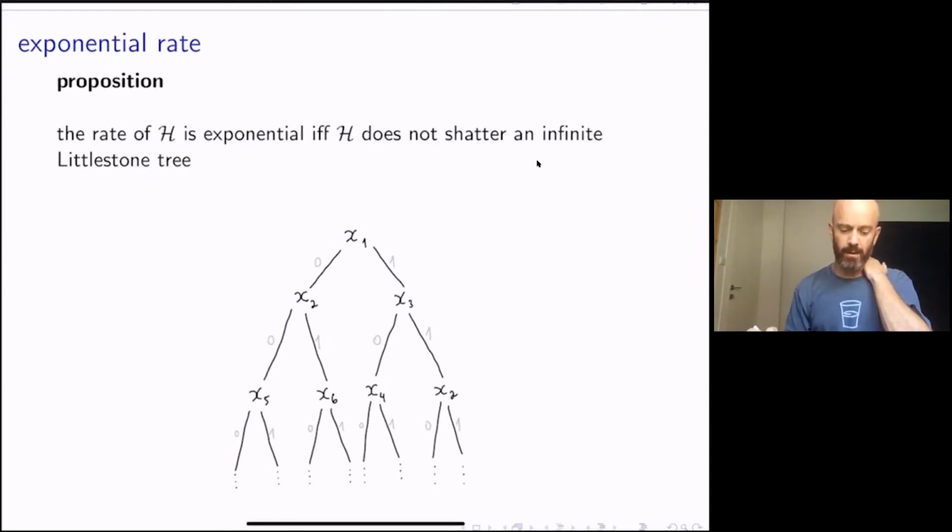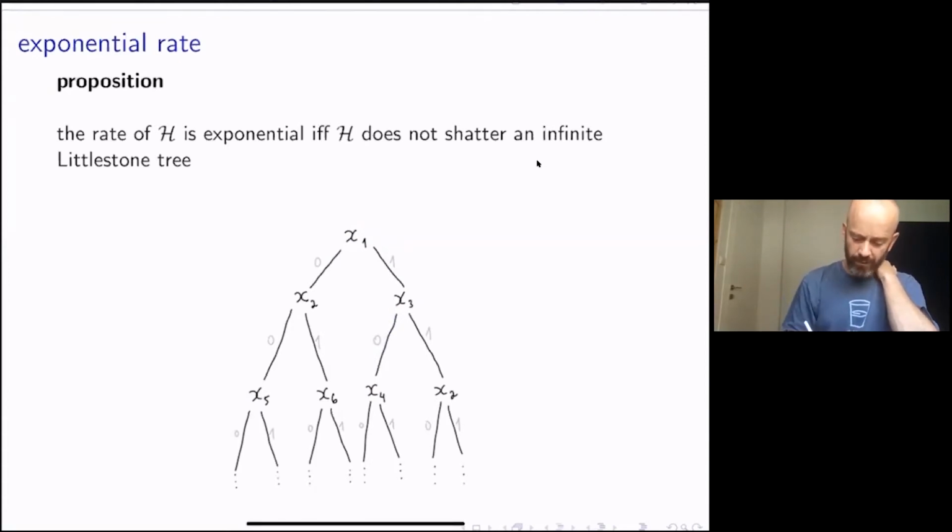So a Littlestone tree is an infinite binary decision tree with a root. All the vertices in the tree are labeled by elements of the set X, the universe. And every edge in this tree is labeled by either 0 or 1. The right edges are labeled by 1 and the left edges are labeled by 0.